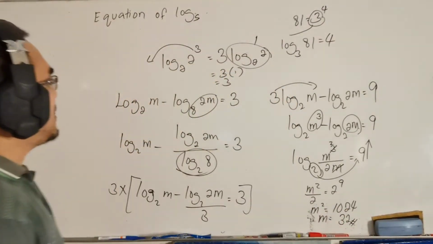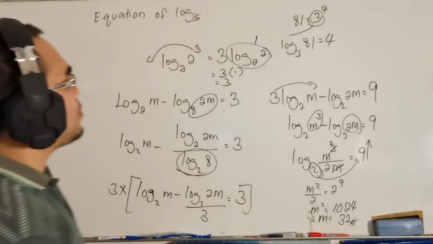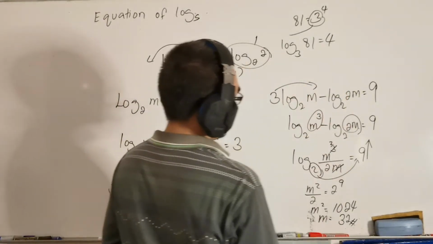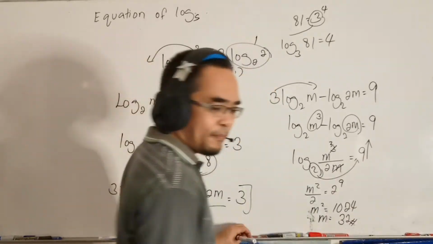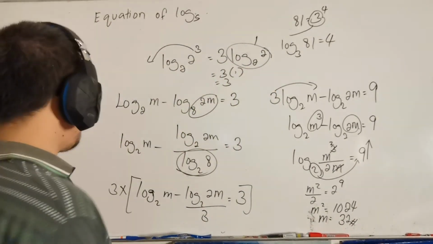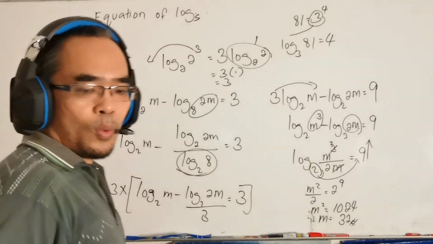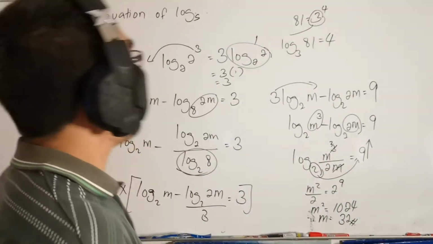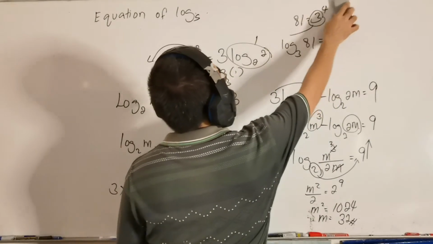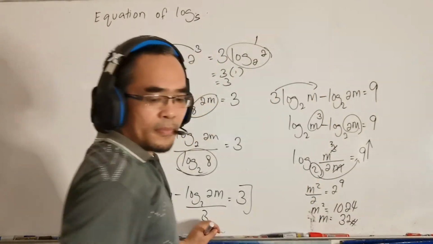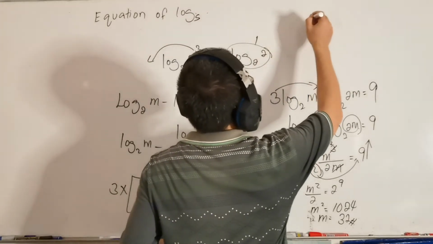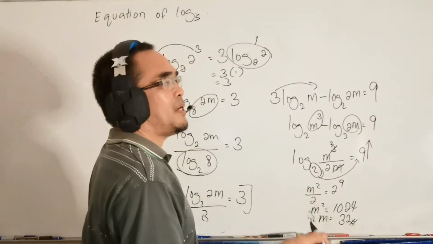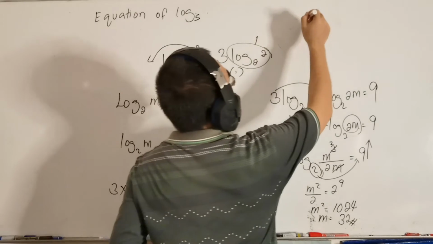But then there is another way to solve this. Sometimes you have an equation of indices which involves numbers where you cannot make it similar bases.